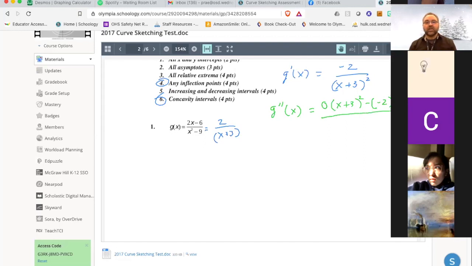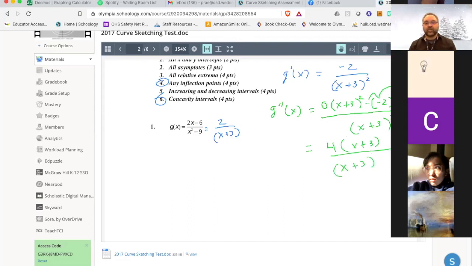And then down here, notice we have x plus 3 quantity cubed. So let's clean this up a little bit. I've got the negative, so that's +2 times this 2, so that's 4 times x plus 3 over x plus 3 quantity. Why did I put cubed?